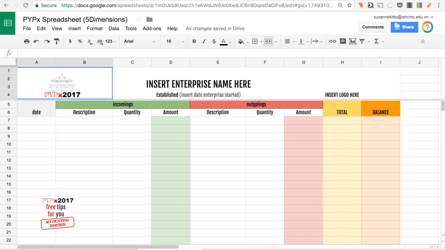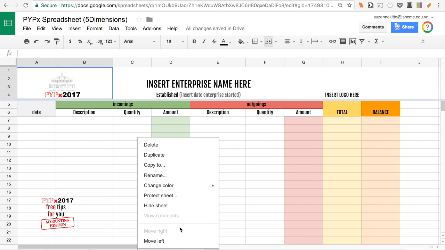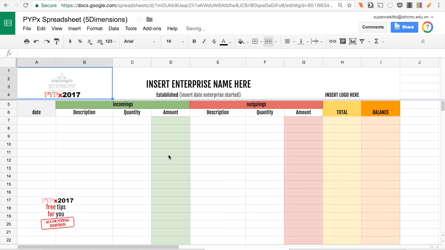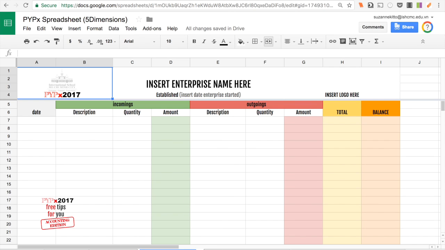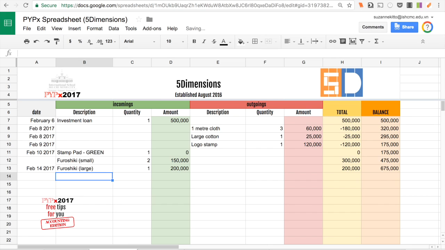And before I go to use it, I will right click and duplicate this balance sheet so that I always leave myself one blank one before entering anything into the spreadsheet. As soon as I need to use this, I can rename it, perhaps just balance sheet 2, or if I want to, I could put in the dates that I'm using it for.